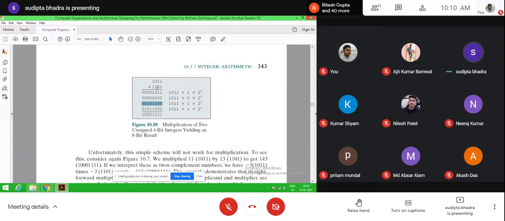So here the multiplicand is shifted 3-bit positions towards the left, and then the summation of these partial products will give us the result. Now this kind of multiplication is applicable for unsigned integers.